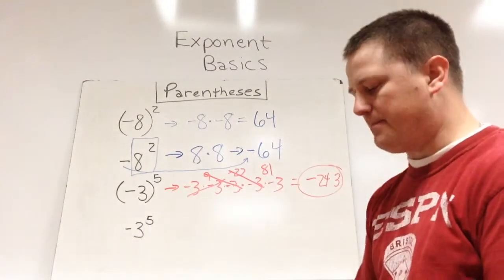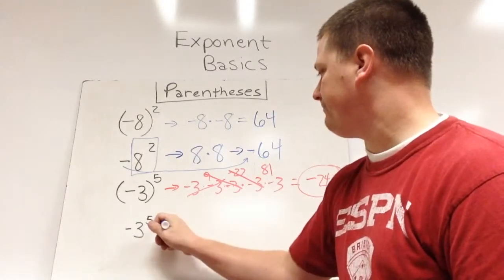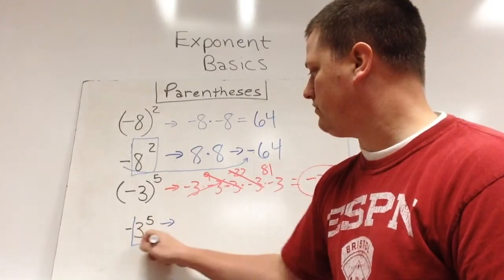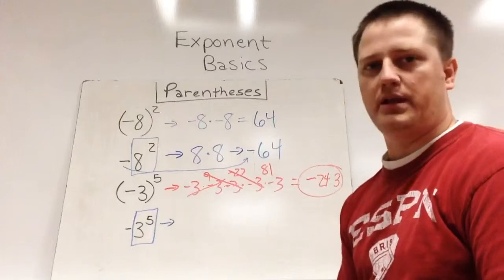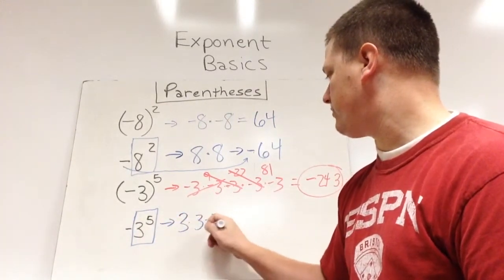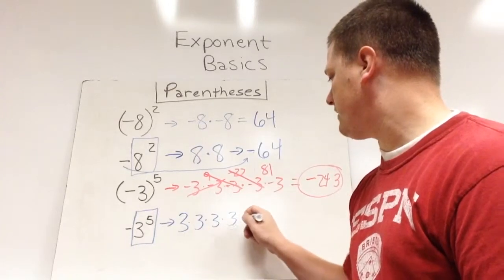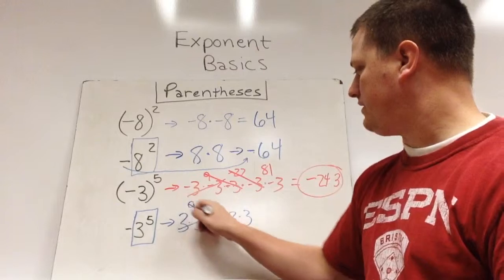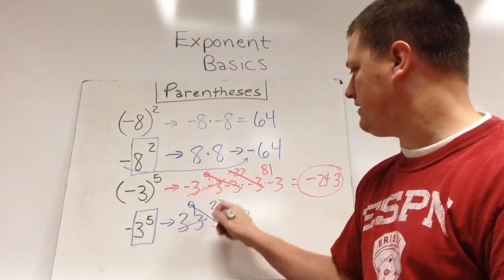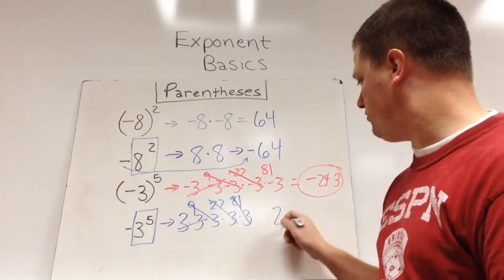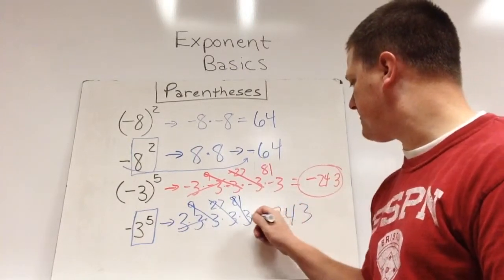The bottom one, a little bit different. Again, no parentheses, so it's just 3 to the power of 5, which is 3 times 3 times 3 times 3 times 3. So 3 and 3 become 9. 9 times 3 is 27. 27 times 3 is 81. 81 times 3 is 243.